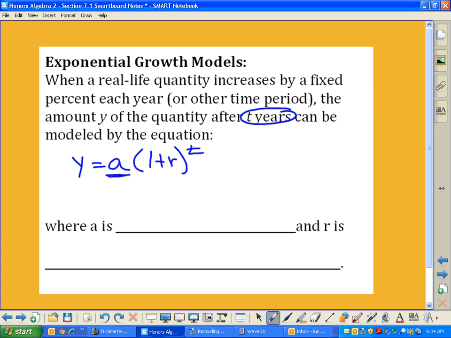Like yesterday when we did the Skittles activity, everybody started with 50 Skittles, so we had a y-intercept of 50. So a is always your initial amount, whether it's bacteria or sheep or money. r is going to be a percent rate of increase, and t is a time, usually in years. We'll have to talk about it if it's not years in just a minute.